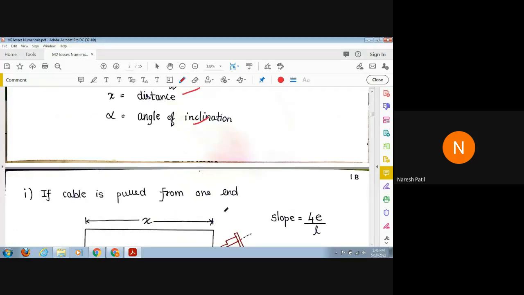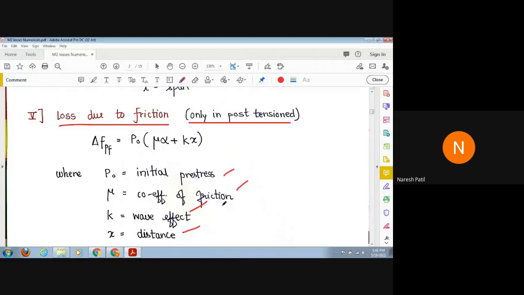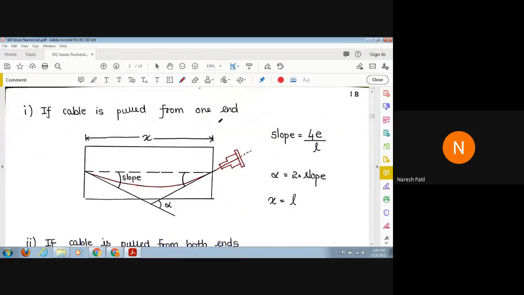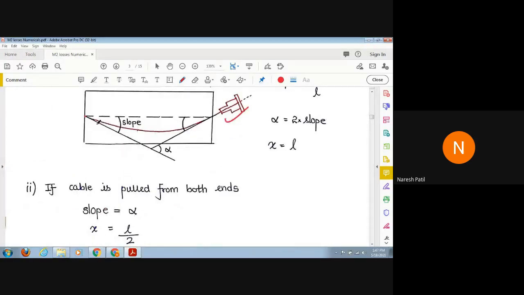You can calculate. So again here, the important thing is the two categories. If the cable is pulled at only one end, you can see this is the pulling of cable at only one end. There is no pulling of cable on both sides. But if the cable is pulled on both ends, the same will be there on this side also.